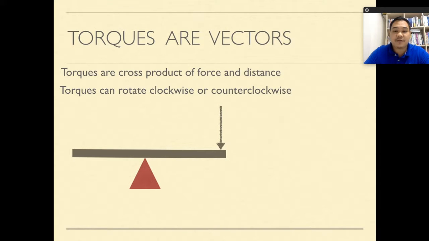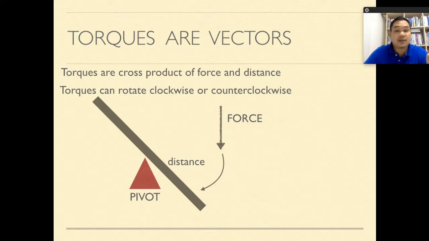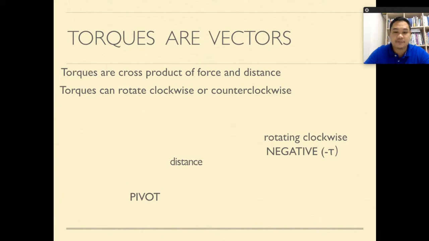If we have here the force applied, the pivot, and the distance or the lever arm, it will turn in a clockwise direction. So it will rotate clockwise, and therefore the sign of it is negative. So we have negative torque. Let me just clear this picture.